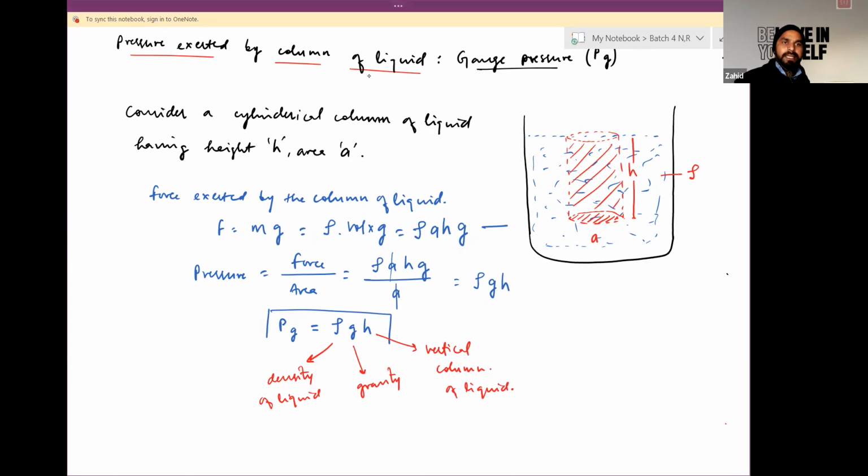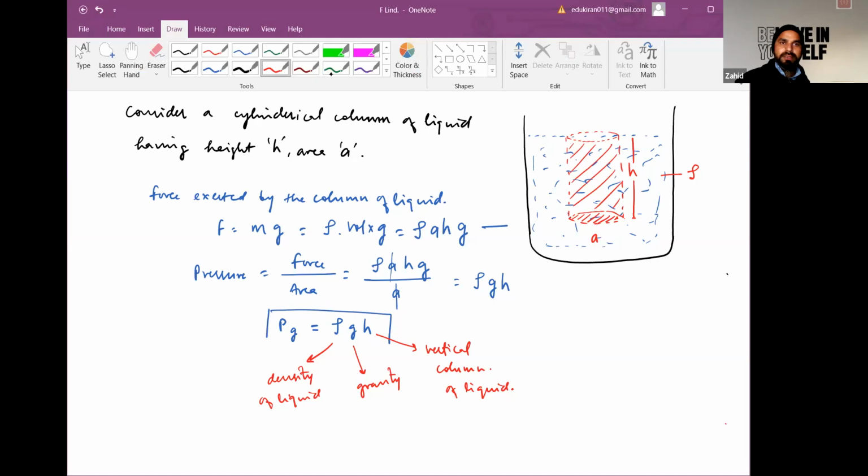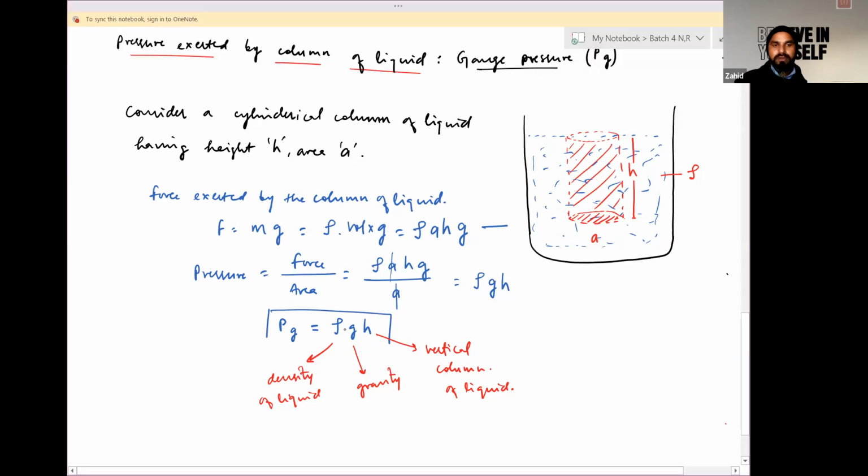There is no direction in which this pressure is acting, or anything in this formula to define the amount or volume of liquid. So you will say this pressure is independent of direction and also independent of amount of liquid.